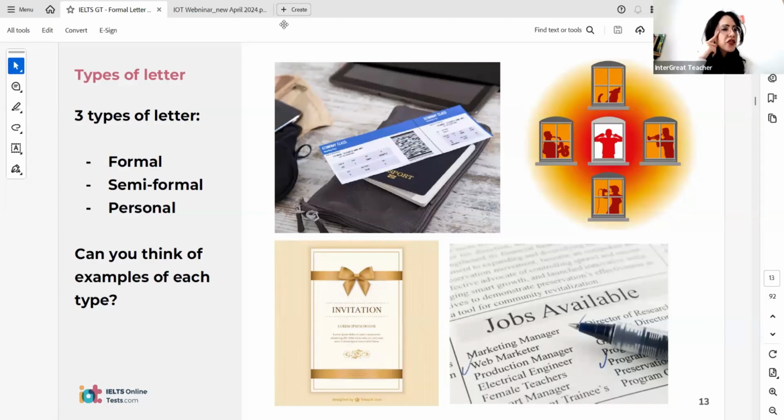Leah, letter of complaint is usually not informal. Yeah, so something very general to your friends and family members, right? Exactly. Friends, family members, that will be informal. So I don't know, it's my wedding, come to my wedding. That would be the invitation.